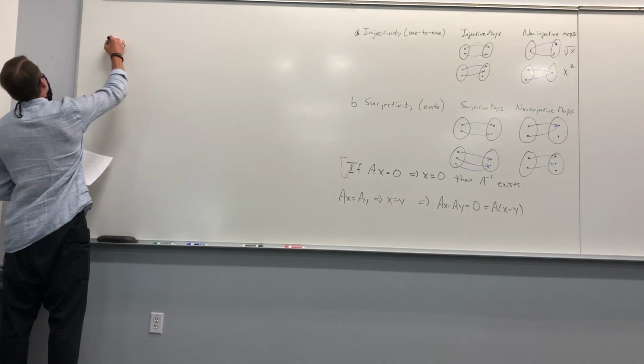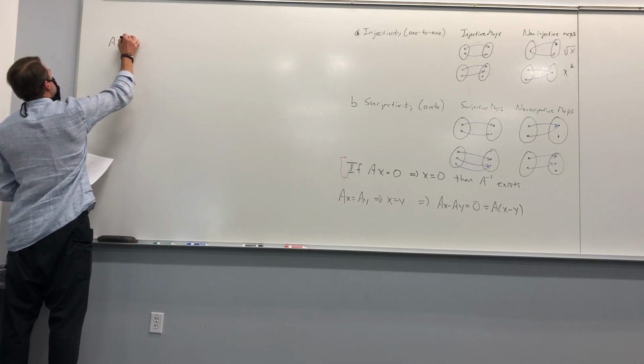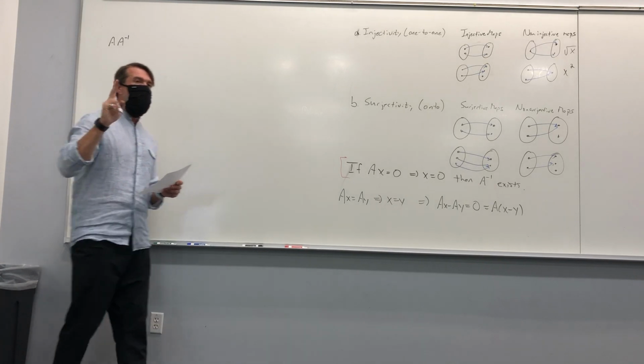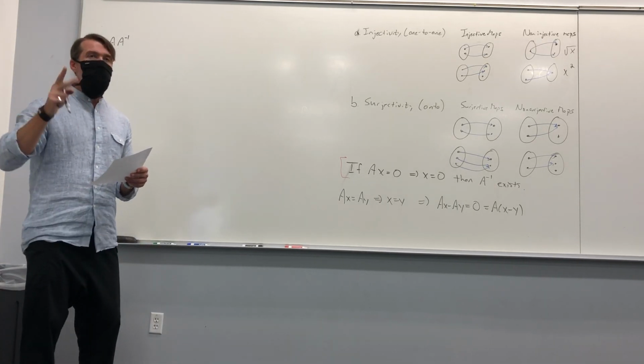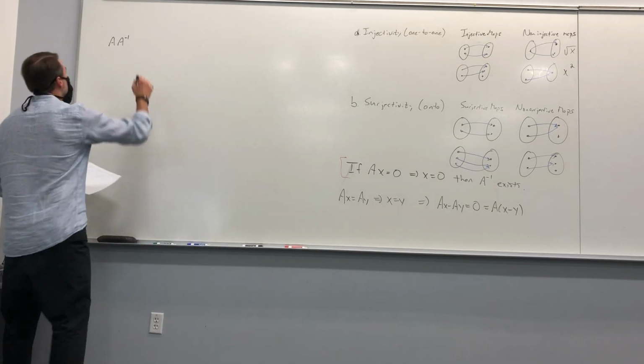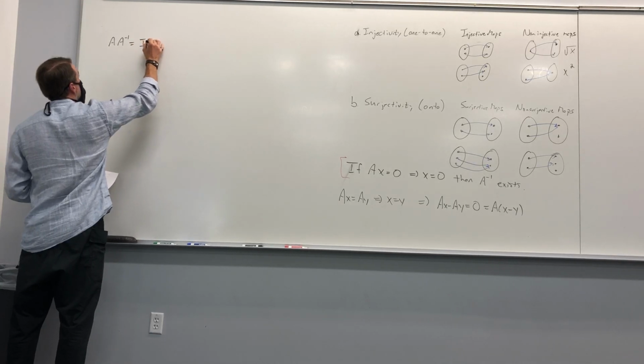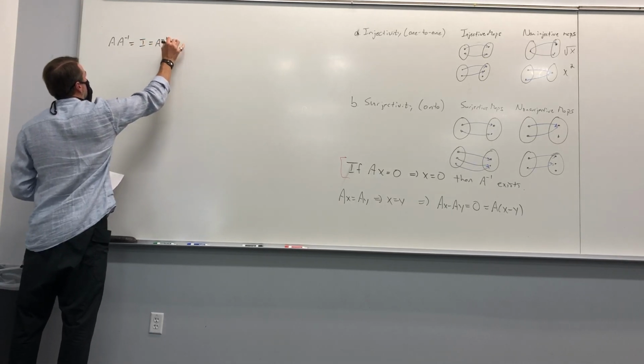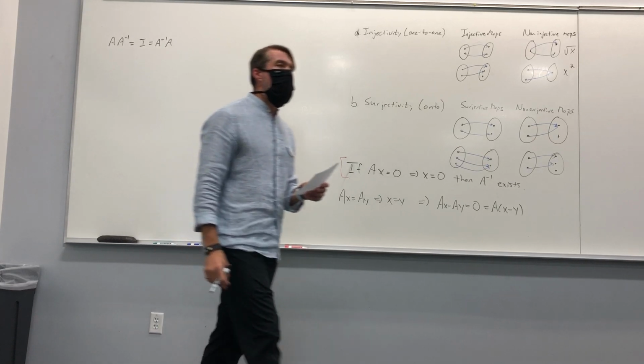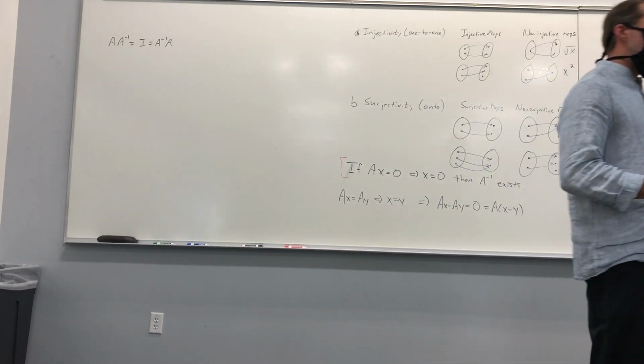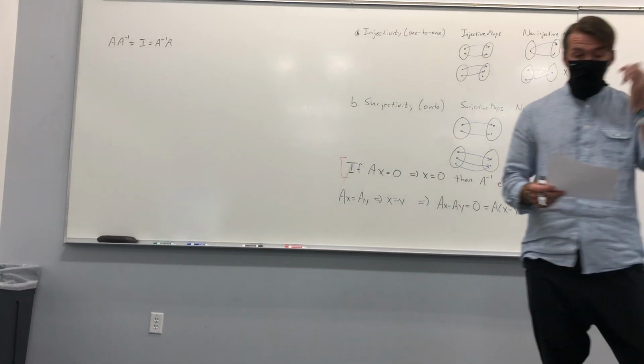Moreover, if A inverse exists, then these two linear transformations always commute. That is, I can go A A inverse or A inverse A. Both of them are going to give me the identity.